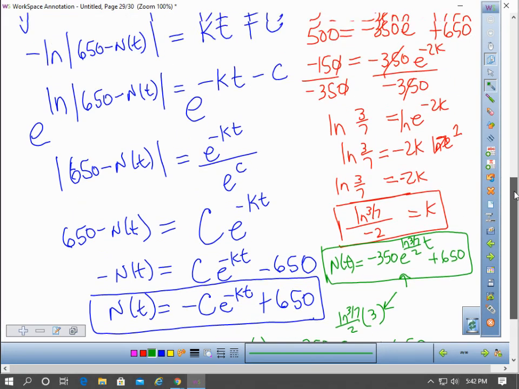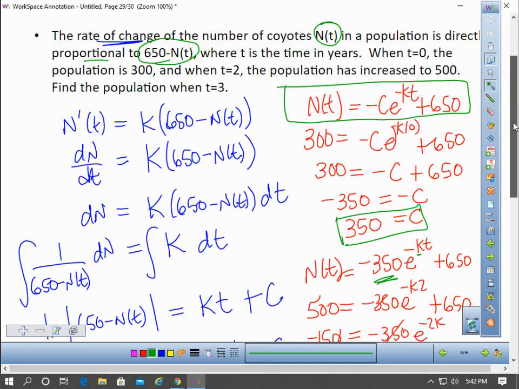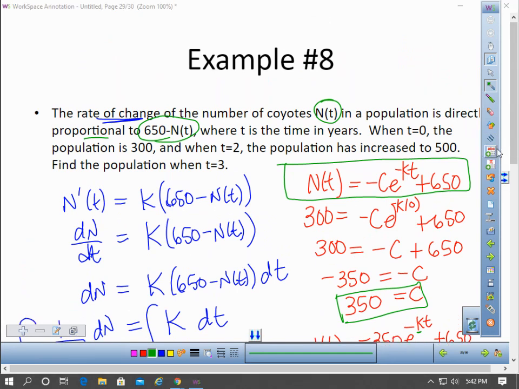So yeah, that one was a little bit more involved, but separate and integrate. Just so you understand, separate and integrate means separate your variables, one on the left, the others on the right, and then integrate the problem.